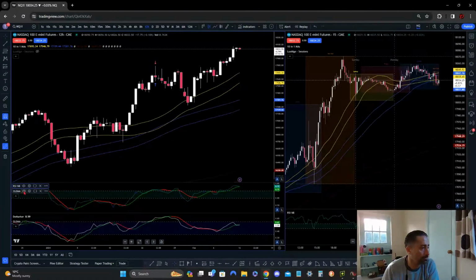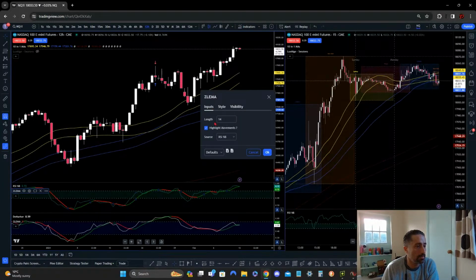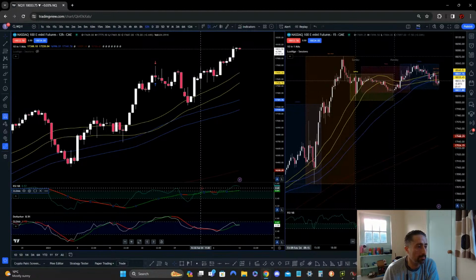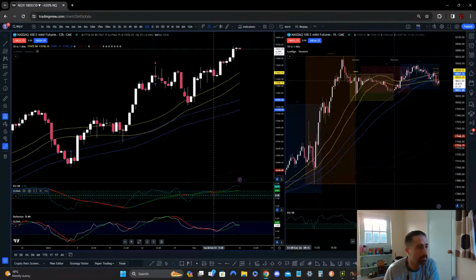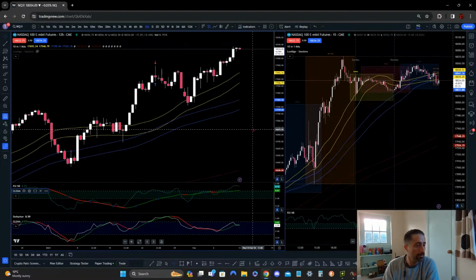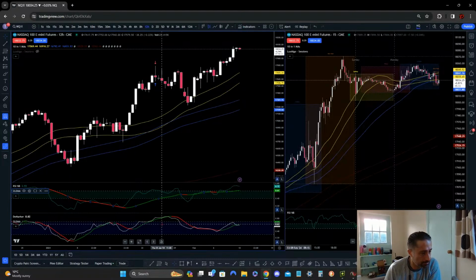And this one I'm going to put like a 21 or 50. I'll put a 50 since we're on the 1 minute. You can see it just chops into that, but this is the 50 area. This is like the low volatility area, or the chop zone, you can call it.